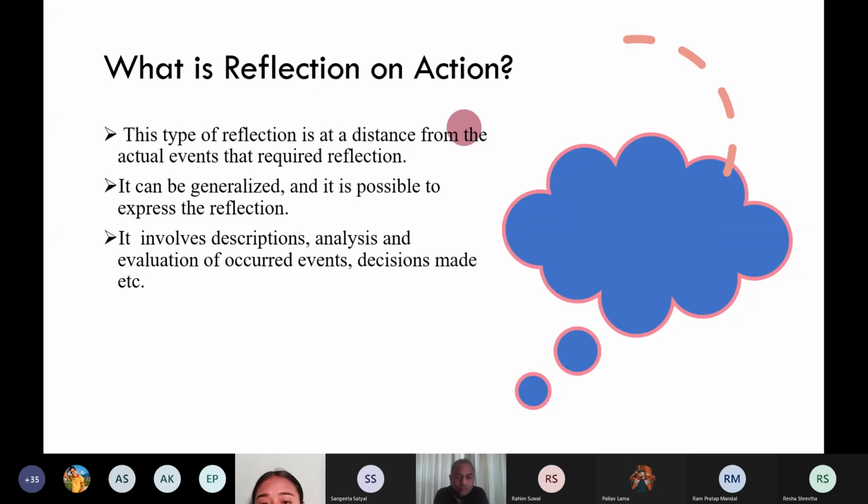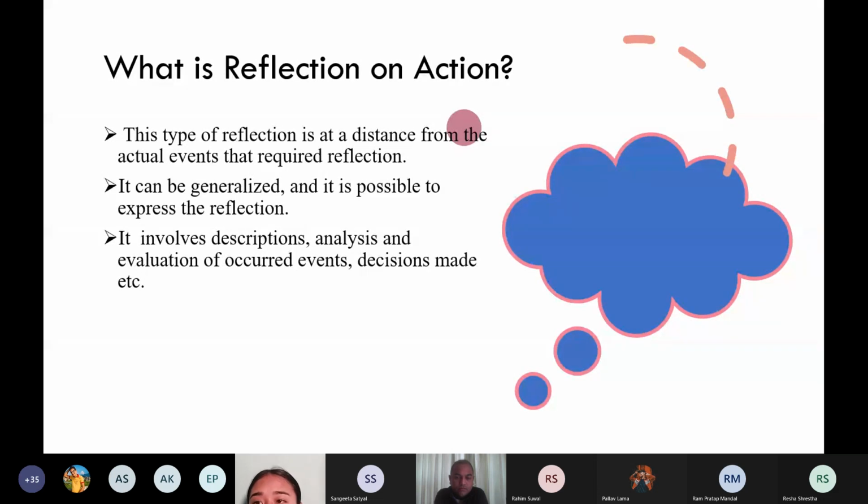The situation takes place at first, and after some time, the reflection takes place, and we think about the problem solving techniques.